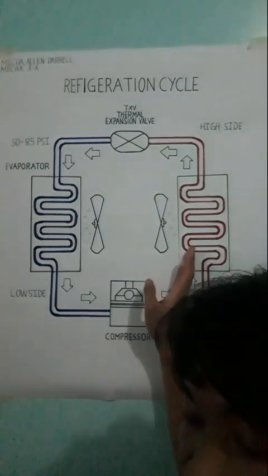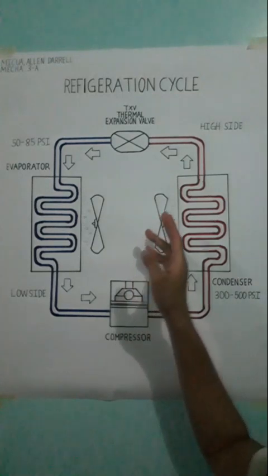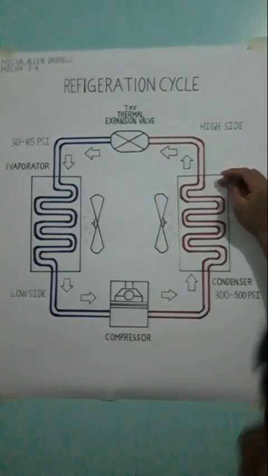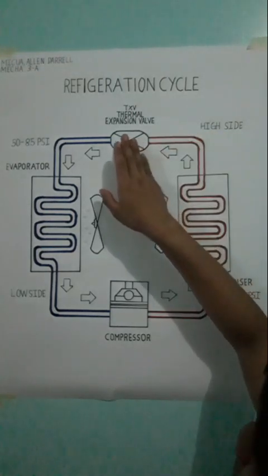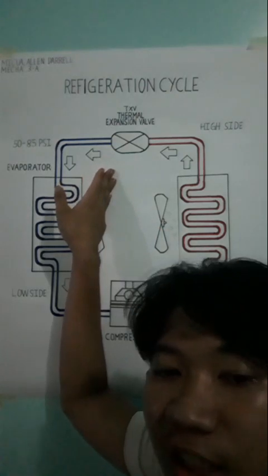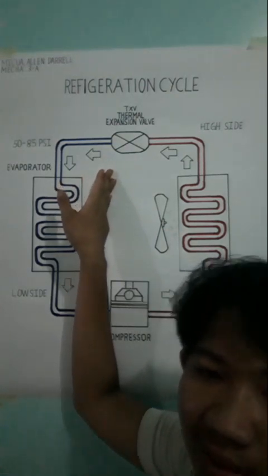From the condenser, the high pressure liquid refrigerant travels through the expansion valve, or thermal expansion valve, commonly known as TXV, or capillary.